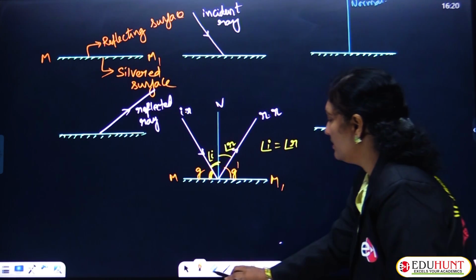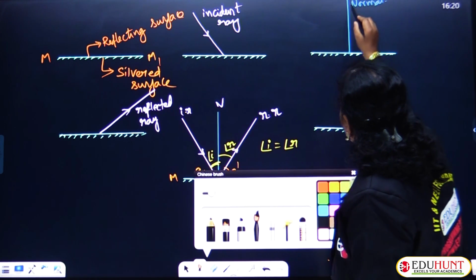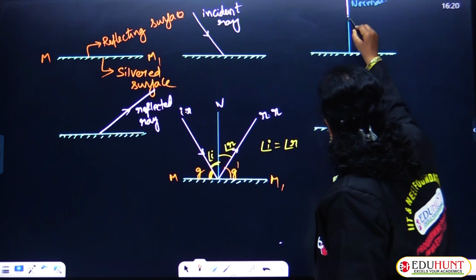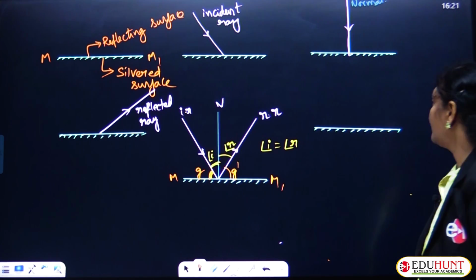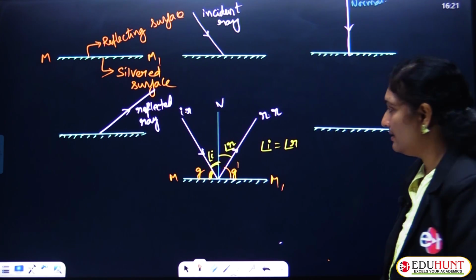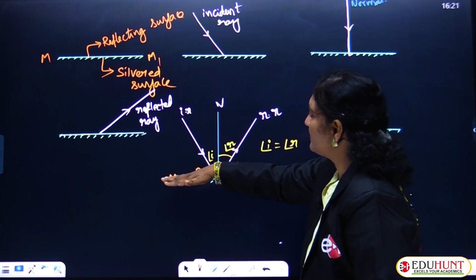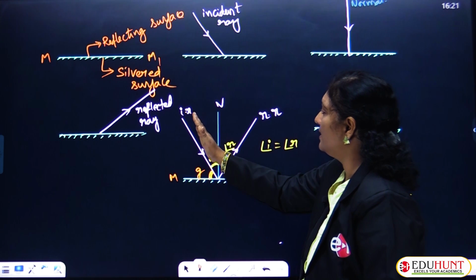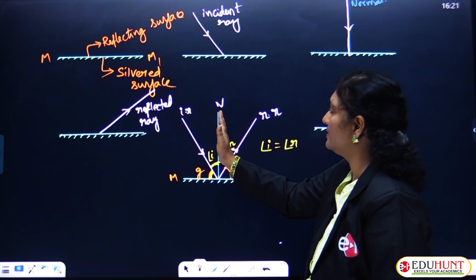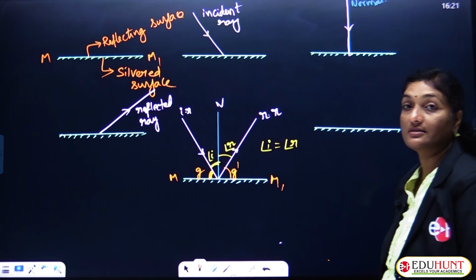Suppose, children, a light ray is incident along the normal, coming in straight. What is the angle then? If it is like 90 degrees here, coming in 45, 30, 20, 10, 5, 4, 3, 2, 1, and here it is 0.